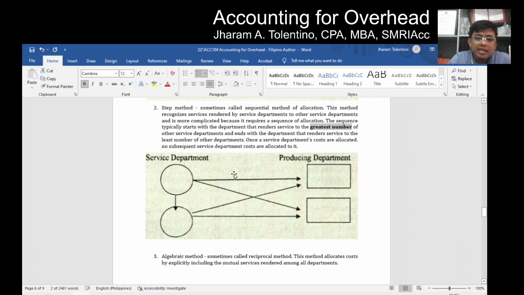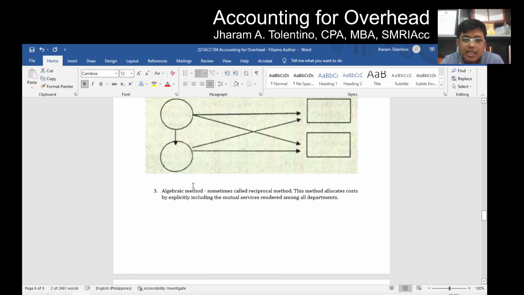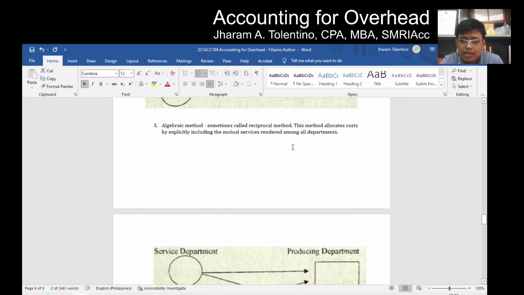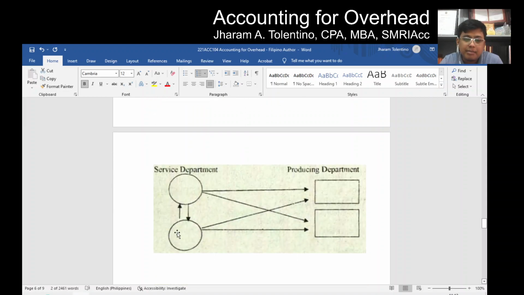So, kung gusto mo nang may recognition ng back service, ang gagamitin na natin ay algebraic method, or also known as the reciprocal method. Bakit? Kasi nagre-recognize siya ulit ng services o mutual services ng department. Kaya makikita nyo dito, merong arrow. Okay.